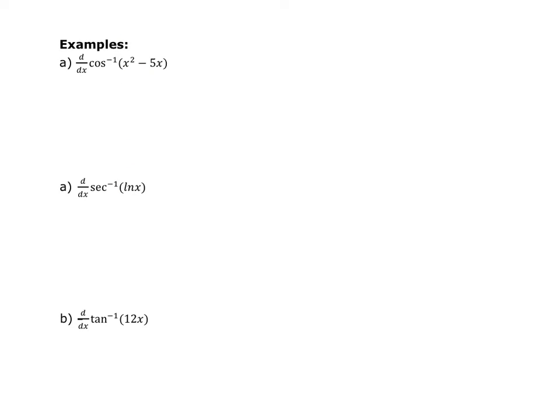So let's take a look at some examples. We've got the first one, the derivative of the inverse cosine of x squared minus 5x. Well, we just learned that should be negative 1 divided by the square root of 1 minus our argument, x squared minus 5x, quantity squared, and then we have to take the derivative of that argument, which is 2x minus 5.